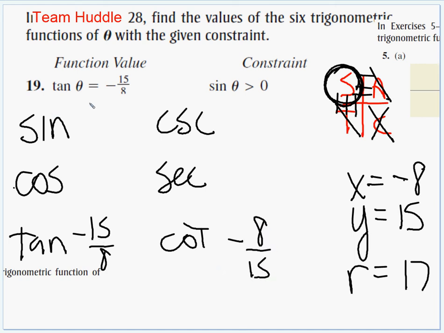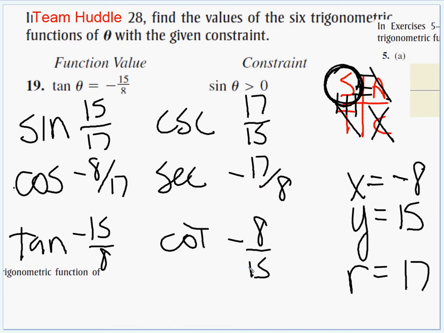Sine is your y value over your r value, 15/17. Cosecant will be the reciprocal, 17/15. Cos is your x-coordinate, -8 over your r, 17. And secant will just be the reciprocal, -17 over 8. There's all 6 of them based on those 2 clues.